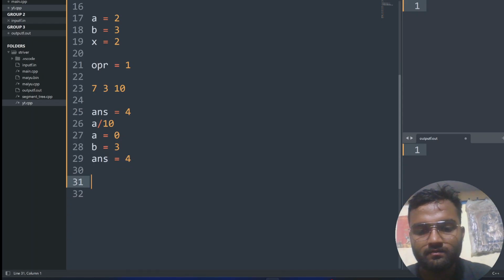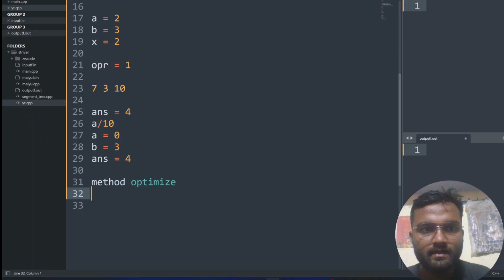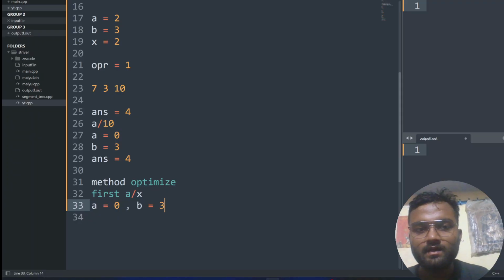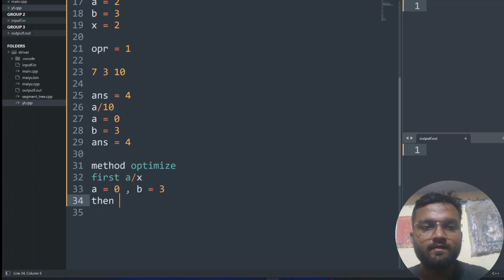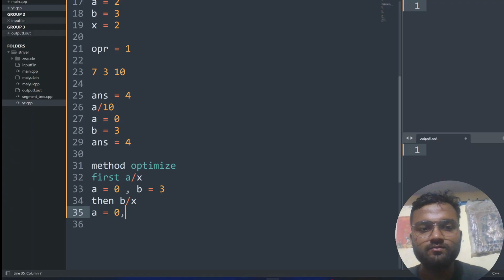Now there is another method that is more optimal. We first divide a by x, and we get the new a as 0 and b as 3. The number of operations is 1. Then we divide b by x also, and we get a as 0 and b as 0.